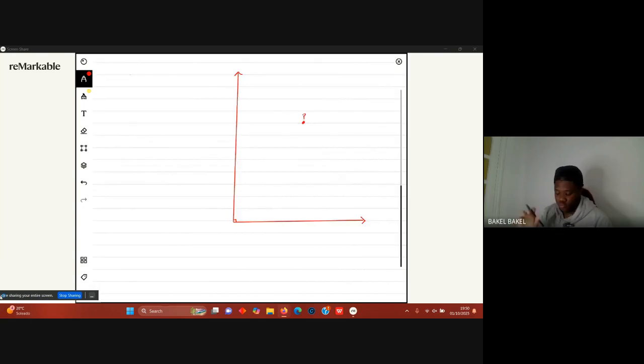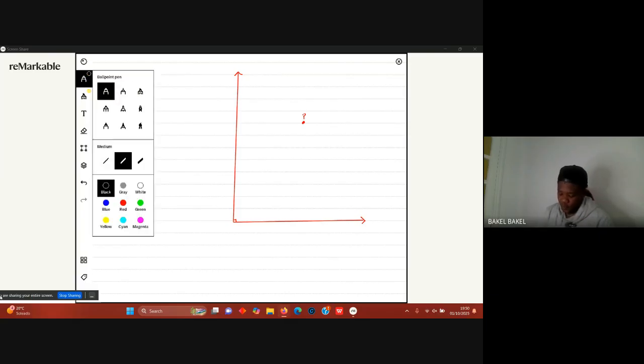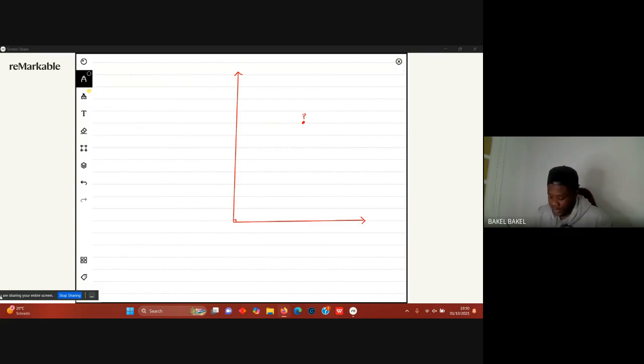So if we do not move and all we do is rotate, we will simply have another axis that will look something like this, where we have rotated by alpha.